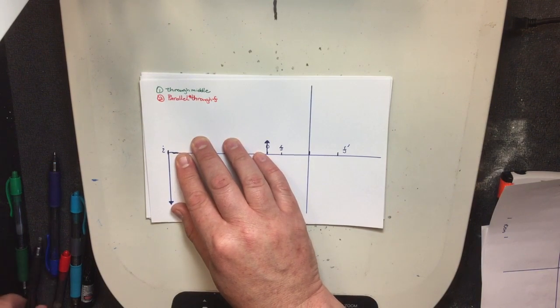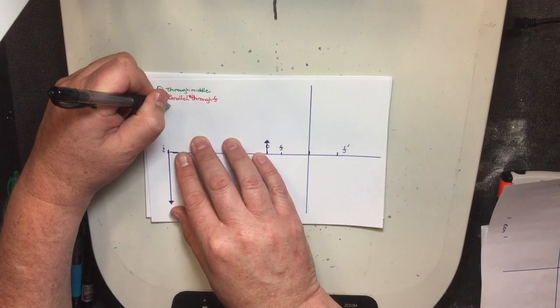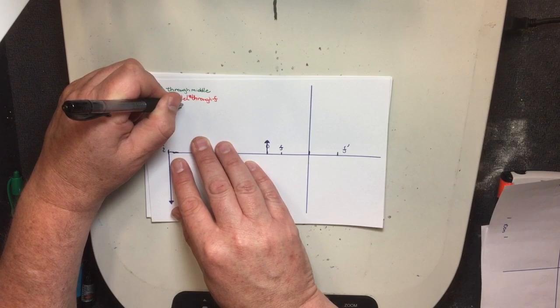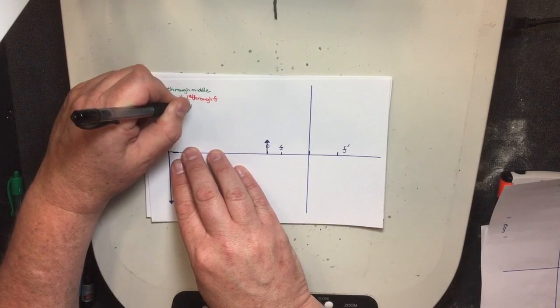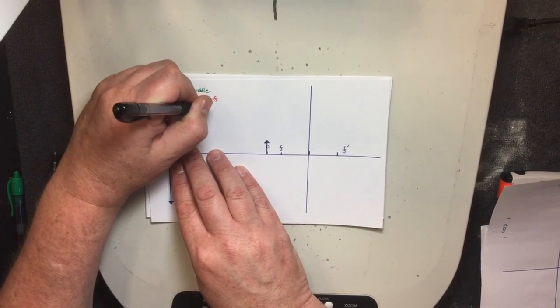And then the third one is a line that becomes parallel.